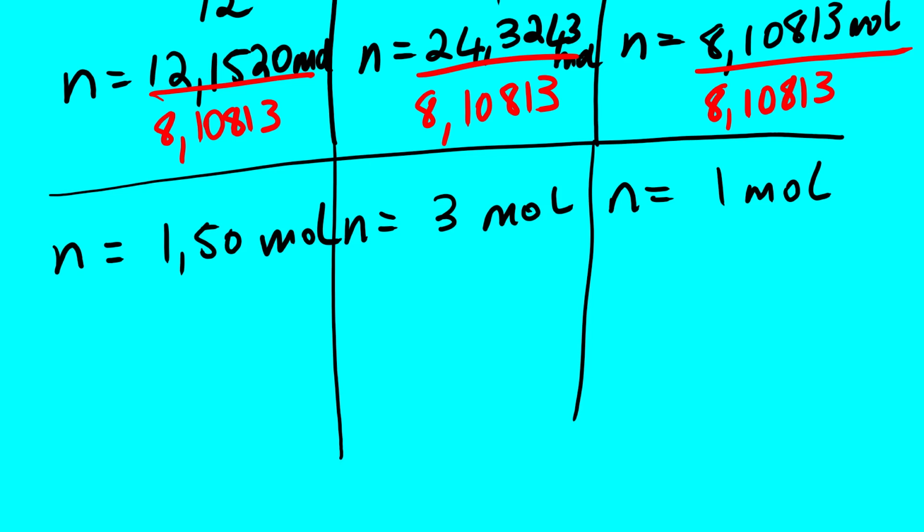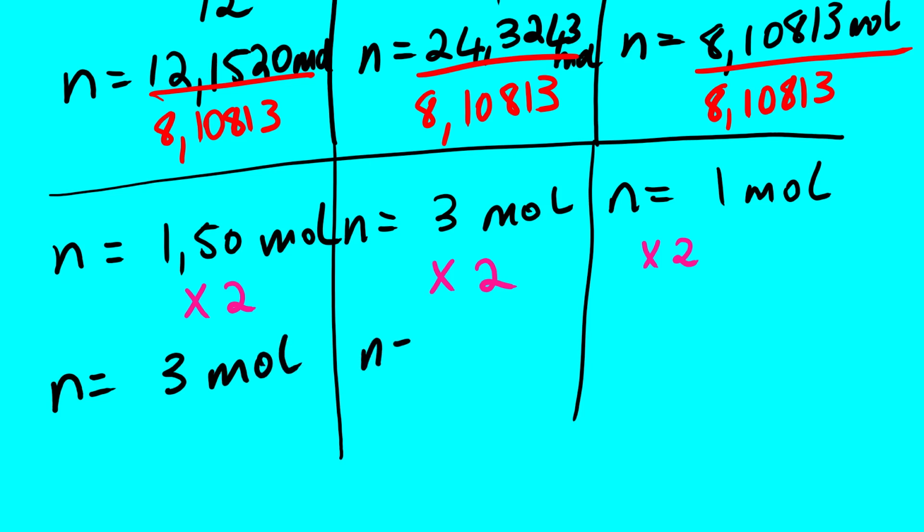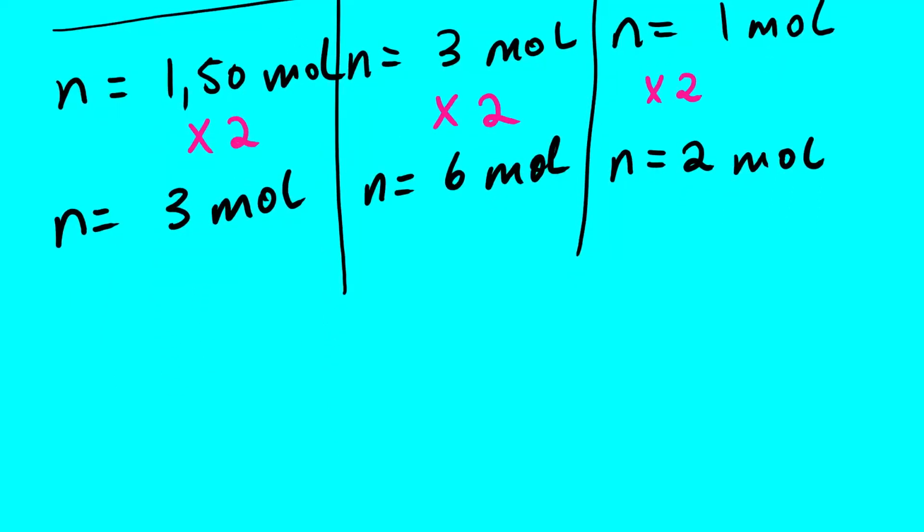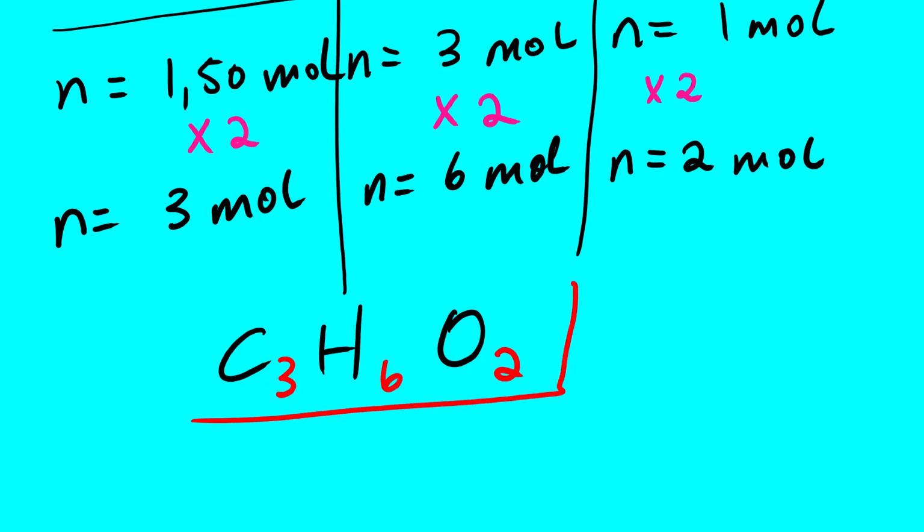So we multiply by 2, and then we are going to have 3 moles. 1.5 multiplied by 2 is 3 moles, and then here we're going to have 6 mole, and then here we are going to have 2 mole. Then this will be the number of atoms which we have in our empirical formula. So we have 3, 6, and 2. This is our empirical formula.